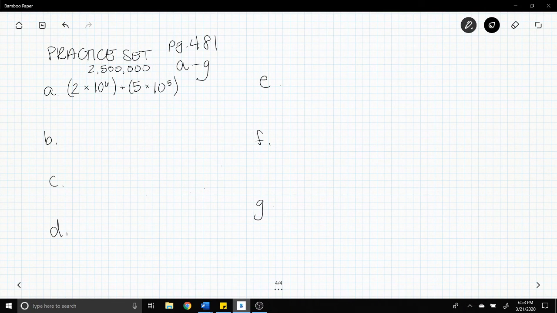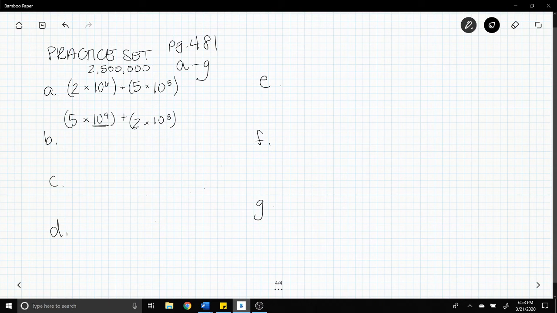Next, write the number in standard notation. So they're giving us 5 times 10 to the power of 9 plus 2 times 10 to the power of 8. You can either consult the table in the beginning, or just remember that this number is a 1 with 9 zeros. So 10 to the power of 9, you'll see, is in the billions place.